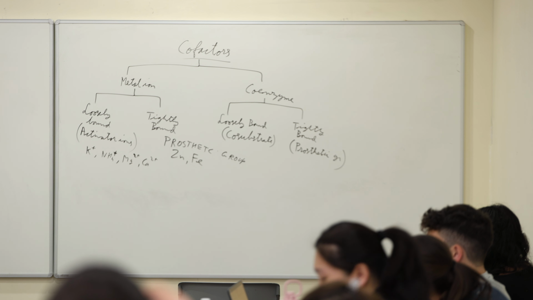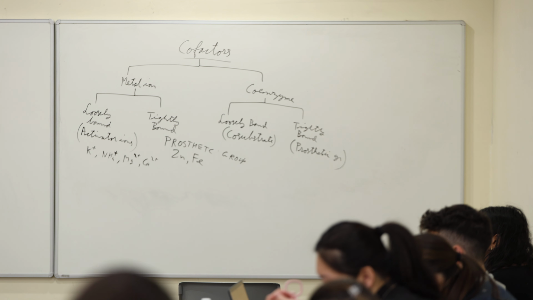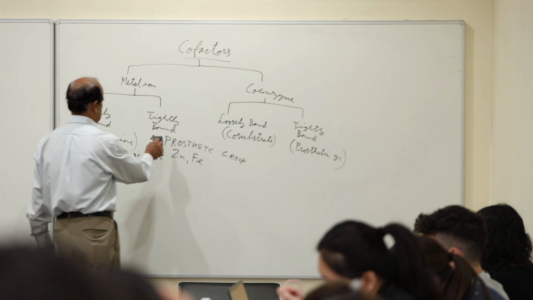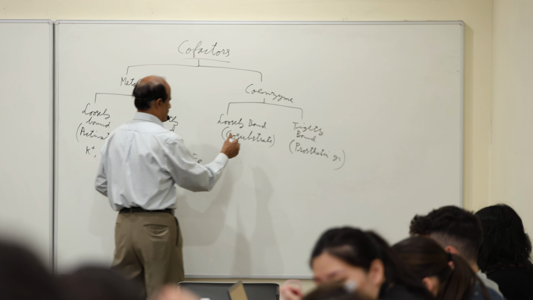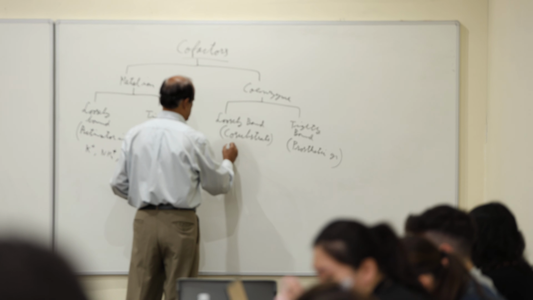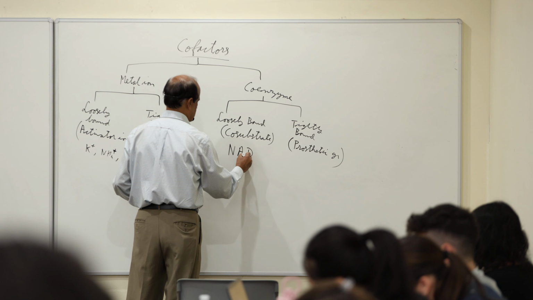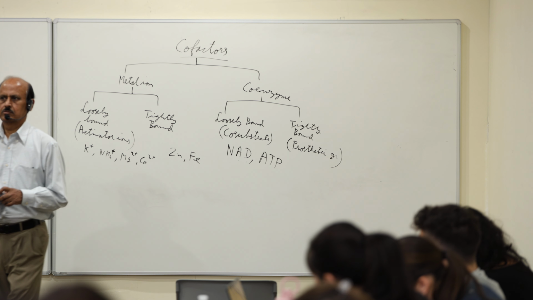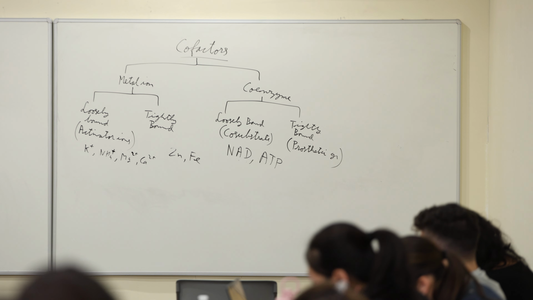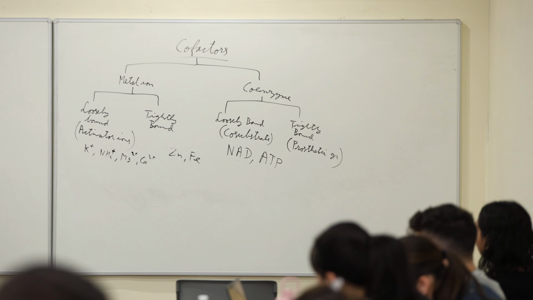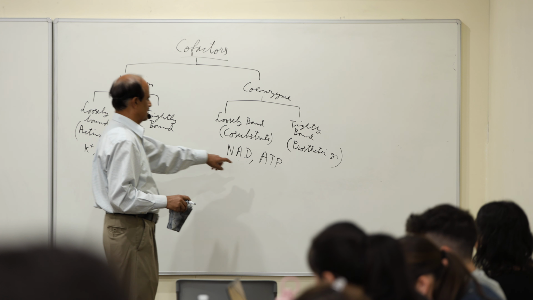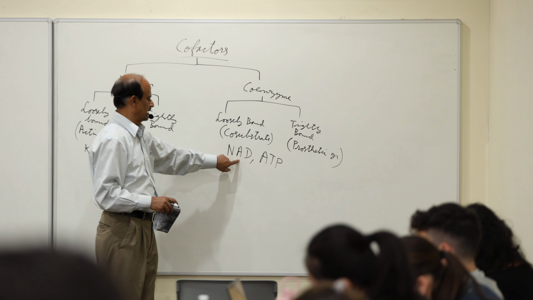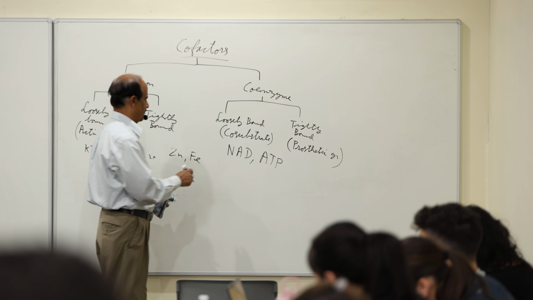The examples will be NAD, ATP. NAD is a coenzyme. ATP we already saw, it is adenosine triphosphate. NAD is nicotinamide adenine dinucleotide.